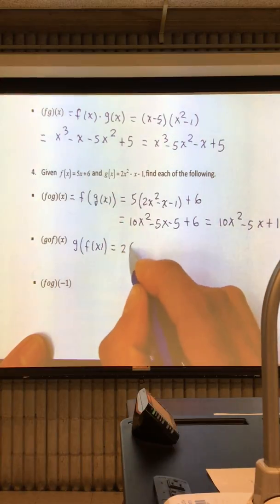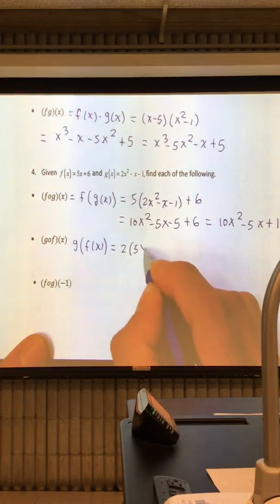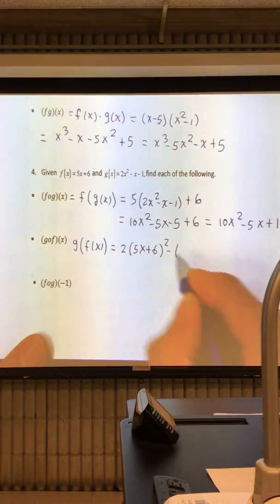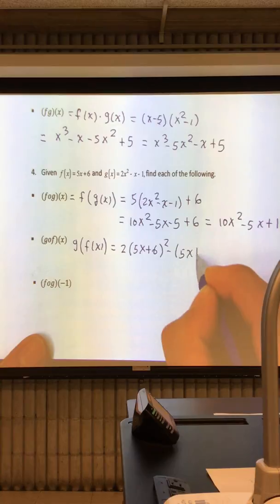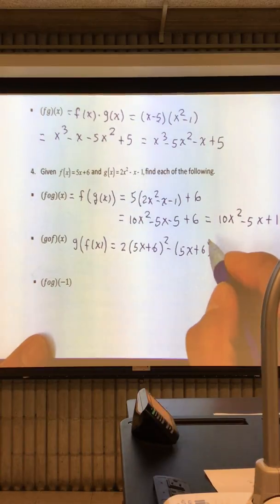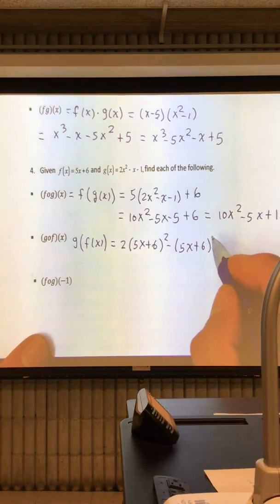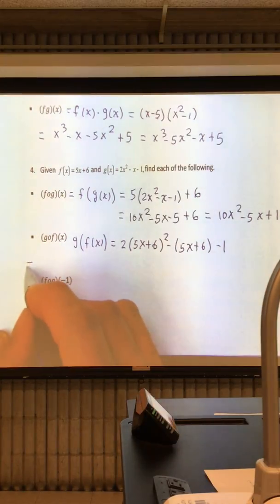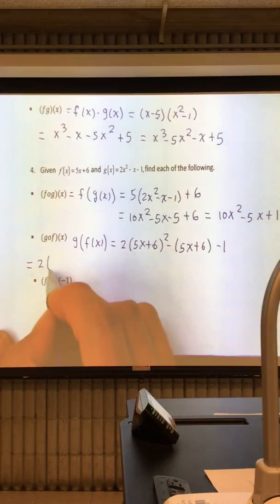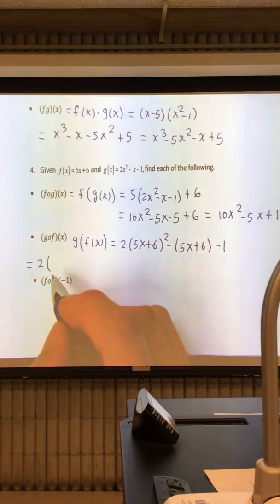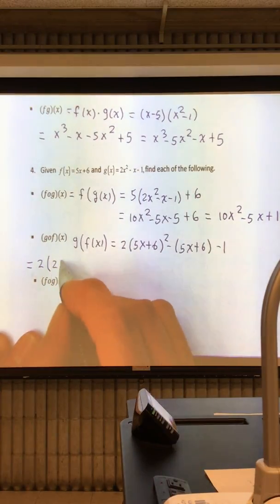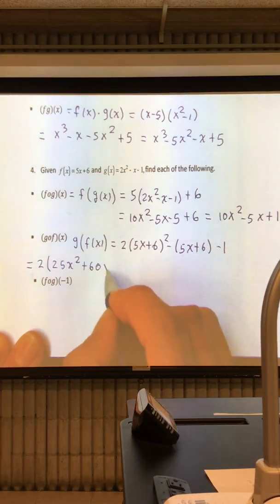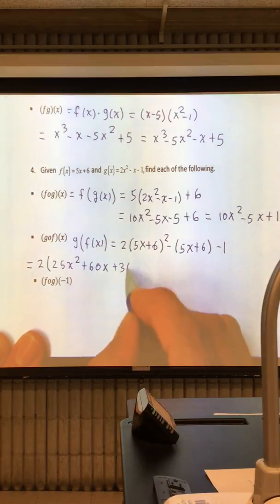So we'll have 2 times 5x plus 6, that will be squared, minus 5x plus 6, and then don't forget the minus 1. Okay, so first, using order of operations, we'll have to square out the binomial first. So if we do that, we'll have 25x squared plus 60x plus 36.